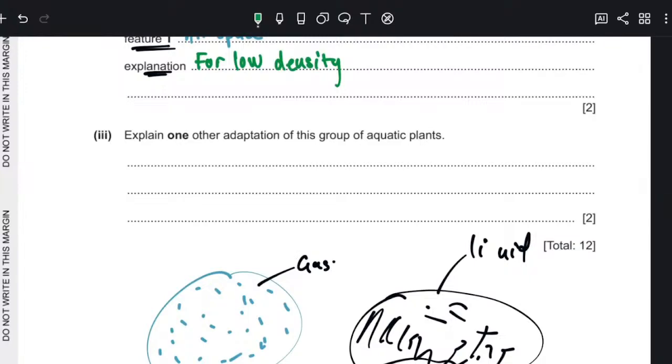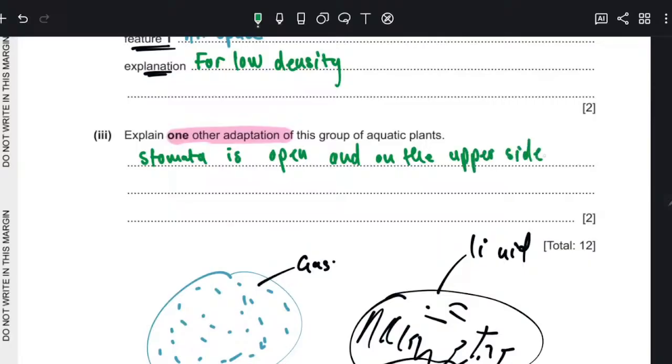Now, explain one other adaptation. What did we say, hydrophytes class? We said the stomata is open and on the upper side of the leaf to allow for gaseous exchange.